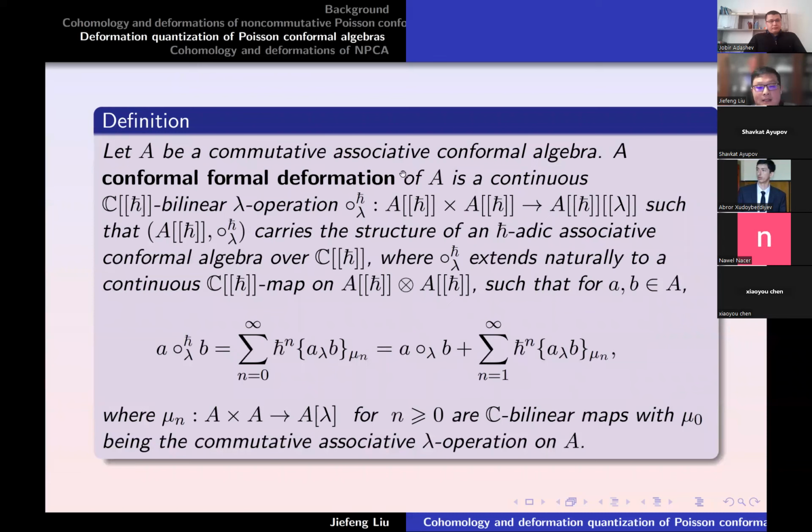Now we give the main definition in this section. Let A be a commutative associative conformal algebra.